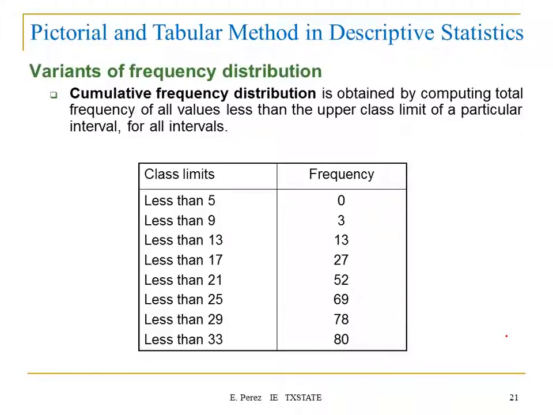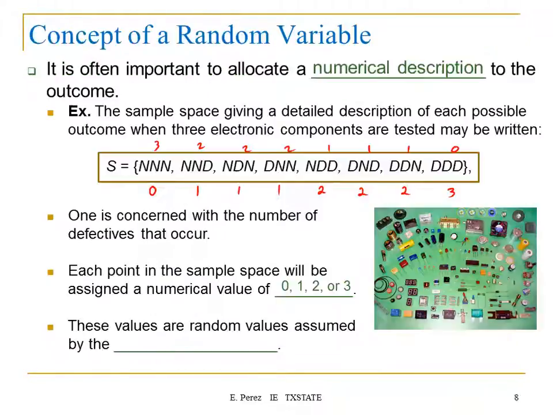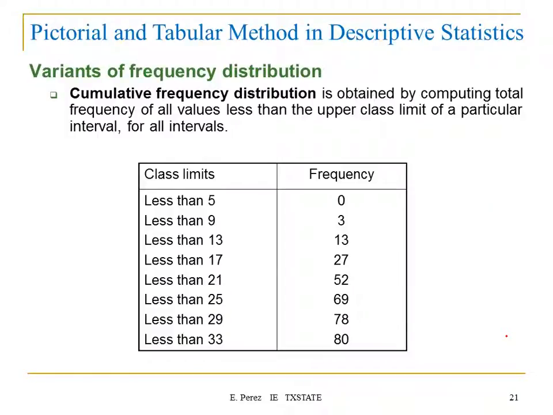So I think we covered on the first lecture, we discussed the difference between a histogram that is defined only for the values and a histogram that is defined for the cumulative values. So when you look at the cumulative frequency distribution, it's obtained by computing total frequency of all values less than the upper class limit of a particular interval.